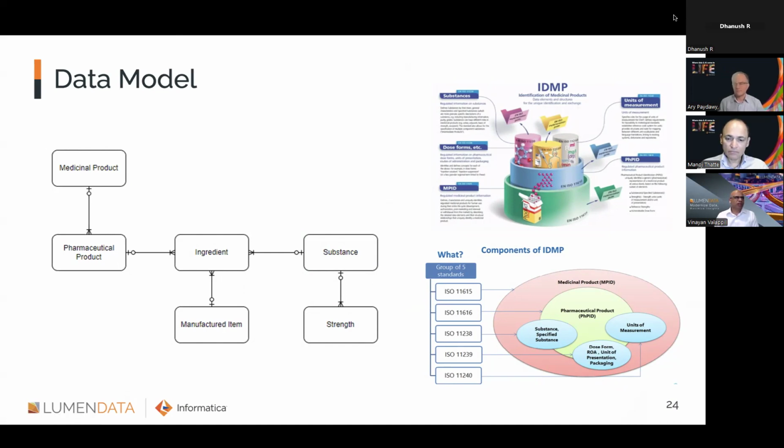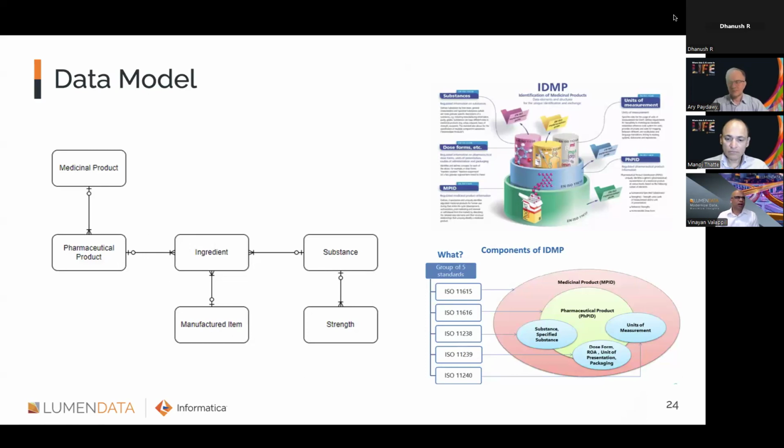Here the medicinal product refers to a substance or combination of substances used for treating, diagnosing, or preventing diseases. And the pharmaceutical products are derived from the medicinal product with formulated information such as dosage form and route of administration, etc. Again, a medicinal product will have various derivations, and each derivation has a different dosage form and dosage administration.